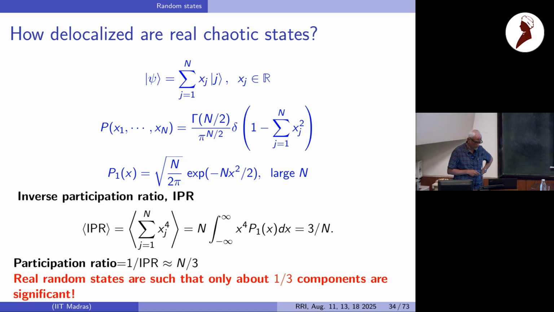So it is uniformly distributed on a sphere, on an n sphere, if you wish. On a real n sphere, if it is uniformly distributed, then that will be an example of a random state.